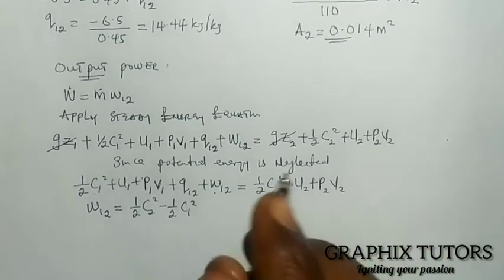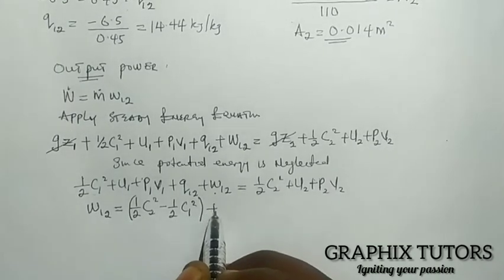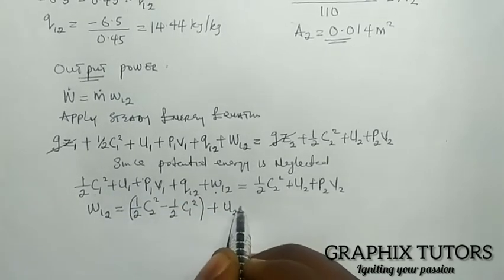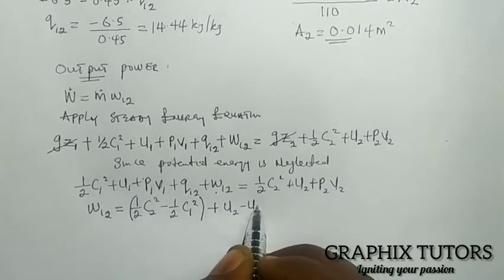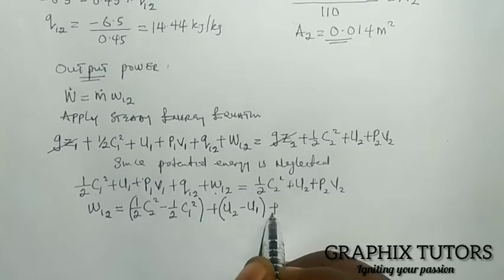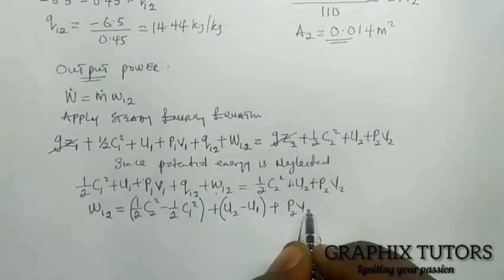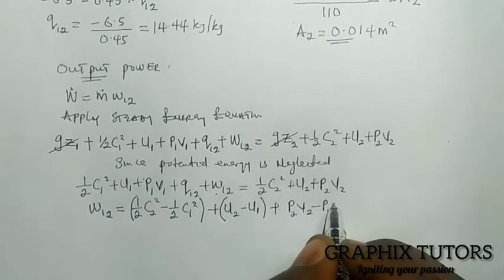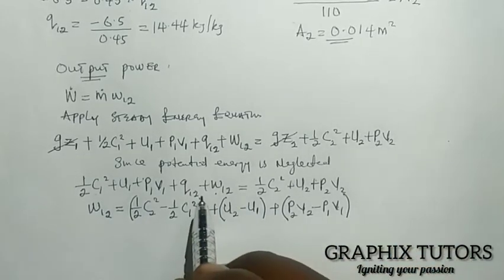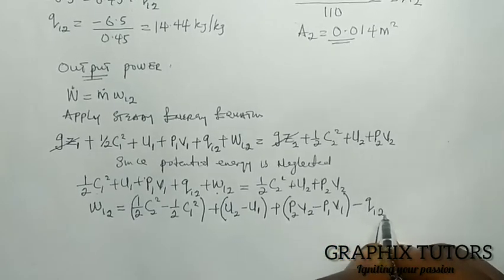So move forward into the bracket, plus this will come here, so to be u2 minus u1, right? So plus this will come to this side, we have p2 v2 minus p1 v1, right? So then this will come here, minus q12.